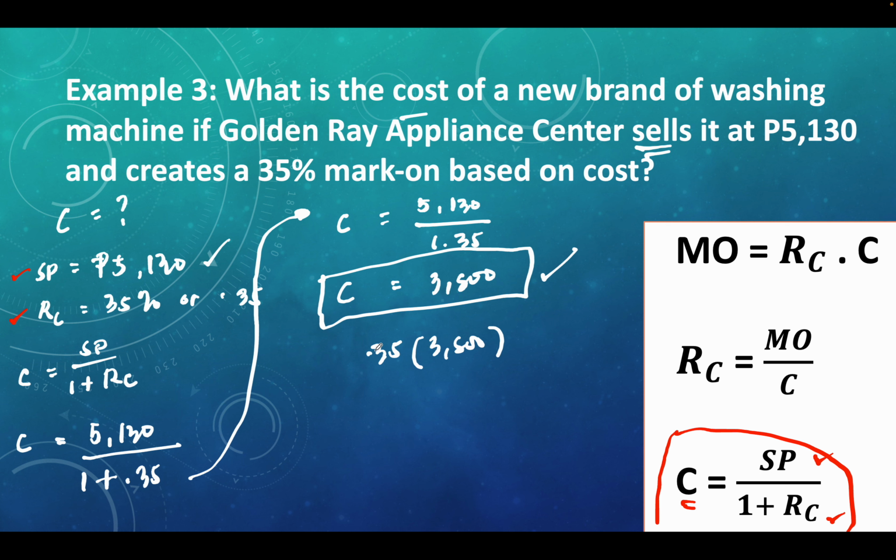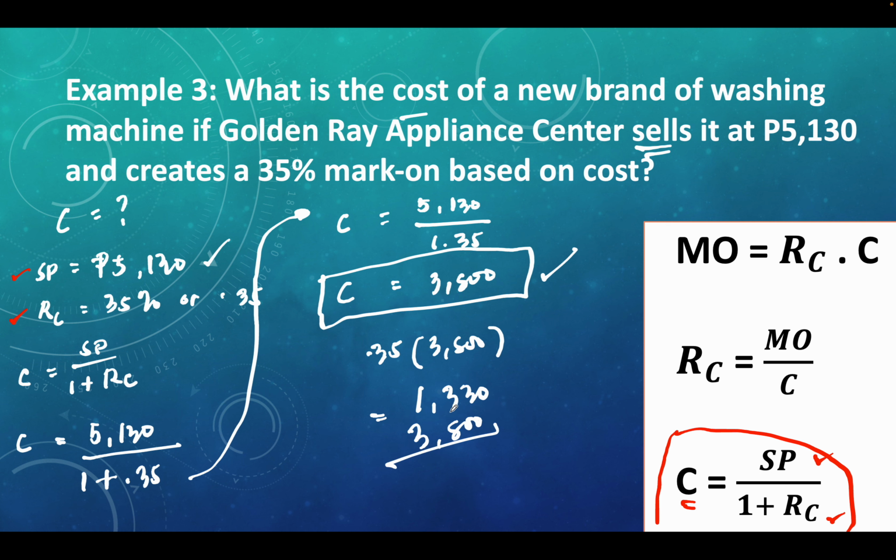Okay? So you just multiply that. We have 0.35 times 3,800. That is equivalent to 1,330. Then after that, this is only our mark on. Then we add it to our cost, which is 3,800.